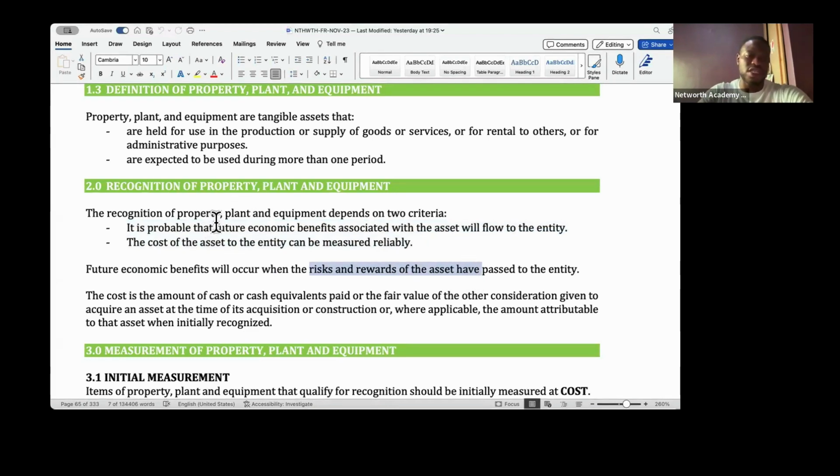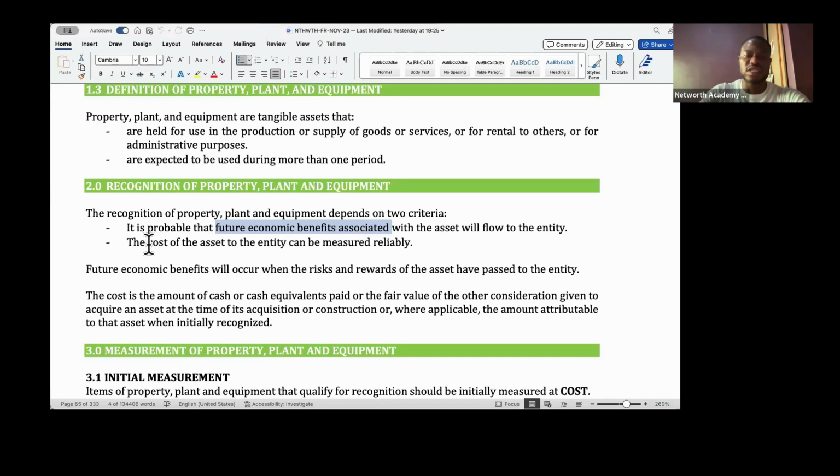Then any future benefit from the asset will come to you, either production of goods or services, or reduction in liabilities, cash savings, or inflow of cash. Name them. It must generate economic benefit to you.